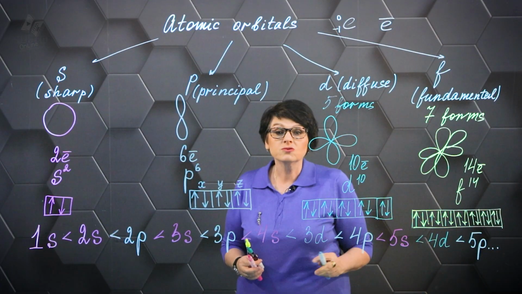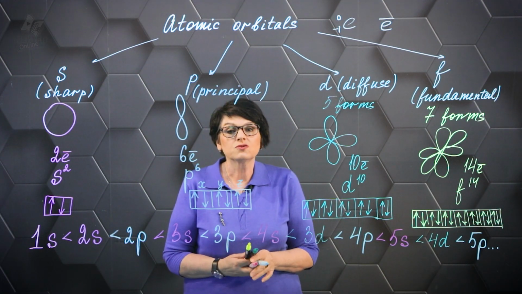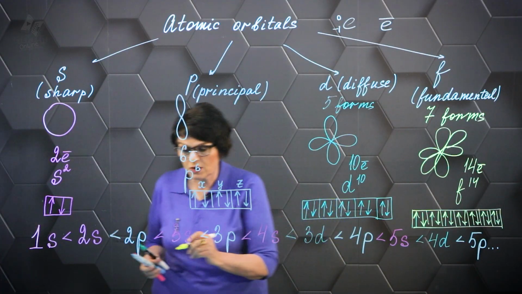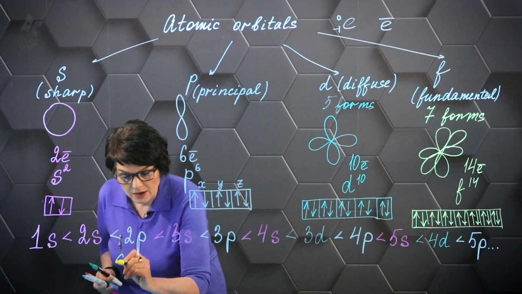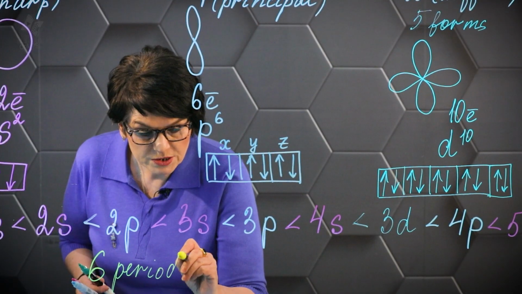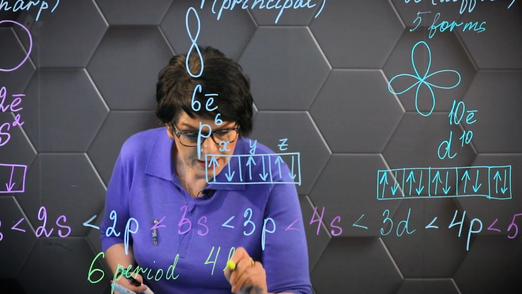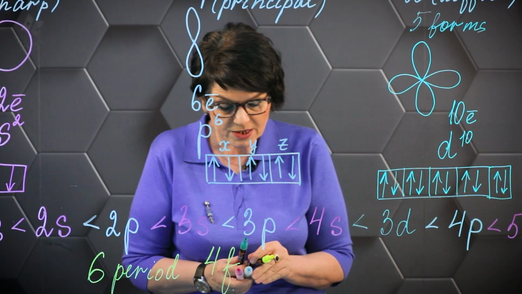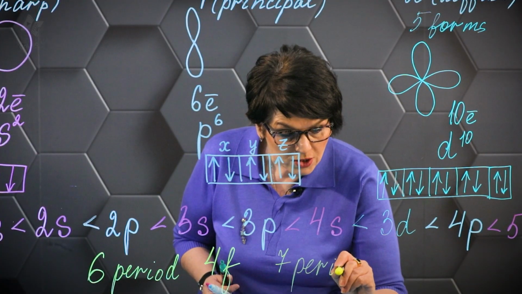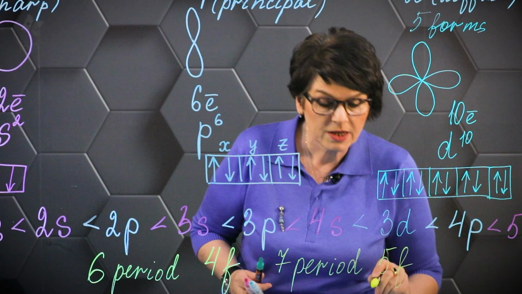And so on. Then the question may arise, and when do the f electrons, which we have also shown to be orbitals, appear? Then we must remember that they do not begin until the sixth period. And it's filled in there, you get 4f. And if we're talking about the seventh period, in this situation, the energy sublevel known as the 5f sublevel is occupied.